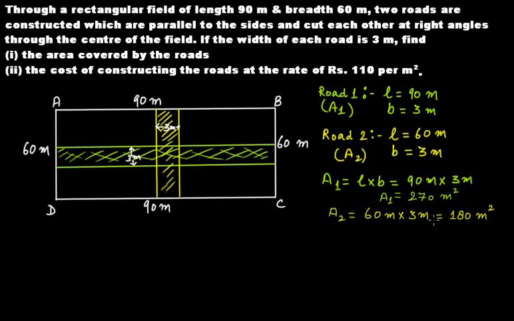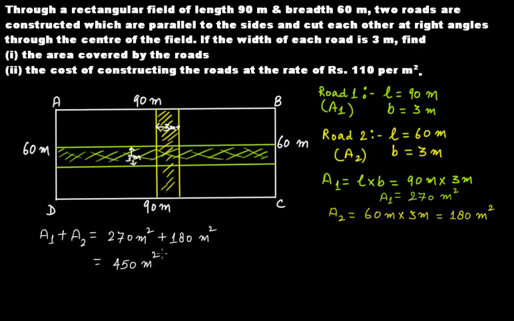Now if you add these two areas, A1 plus A2, you get the area of road 1 plus area of road 2, and that's what it's asking here. A1 plus A2 is 270 meters square plus 180 meters square, that is 450 meters square.